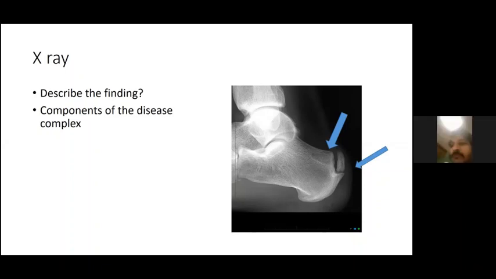So we start with non-operative treatment first. Yes. Activity modification, non-steroidal anti-inflammatory drugs, shoe wear modification. What will you do? A shoe which typically comes in contact with the posterior surface, we should avoid.